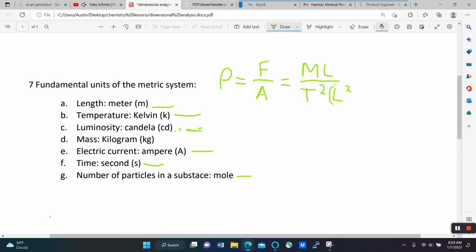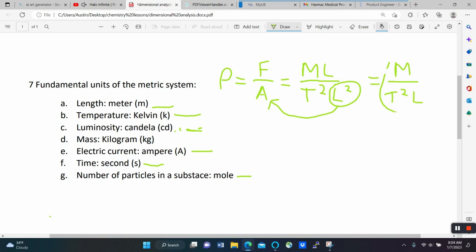Remember that our length squared term corresponds to the area, and the remainder of our expression, mass times length over time squared, corresponds to the applied force. Canceling out the additional L variable would give us mass divided by the square of time times length.